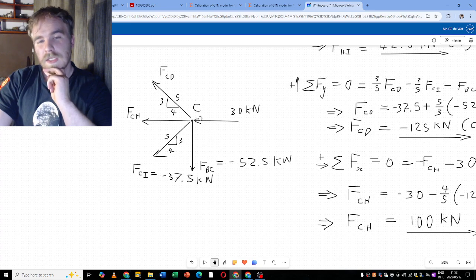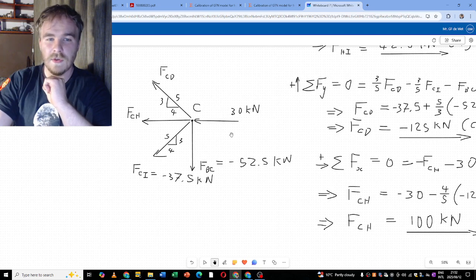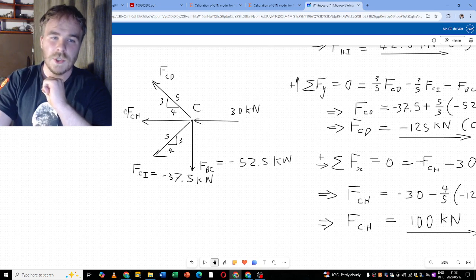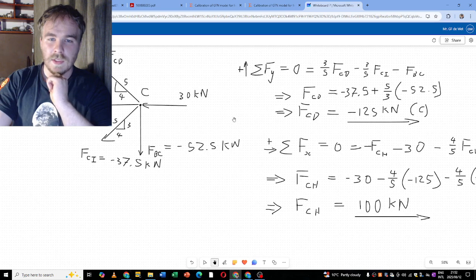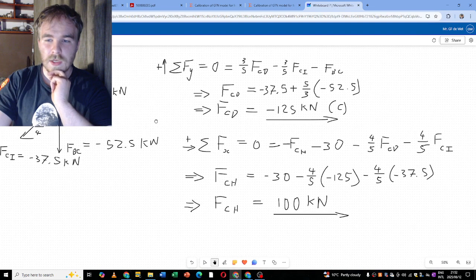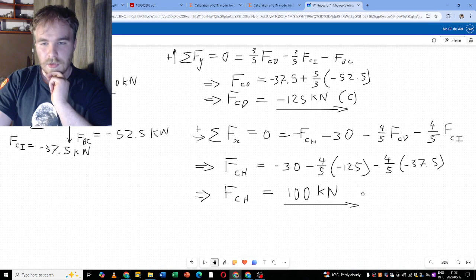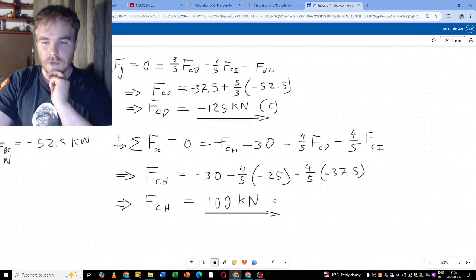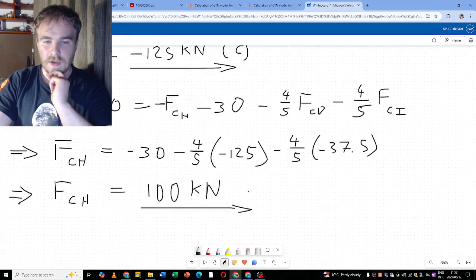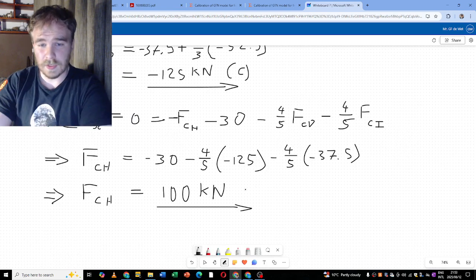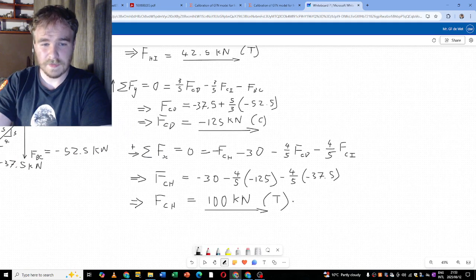So still we would expect that the sum of FCD and FCI is significantly larger than the 30 kilonewtons. So FCH should be in the right direction, but it's a little bit difficult to estimate its magnitude. But I'm going to assume that everything seems to be in order. It doesn't seem to be impossible to me, the value that I'm getting. And then we have a value in tension.